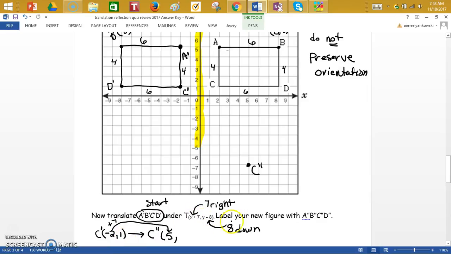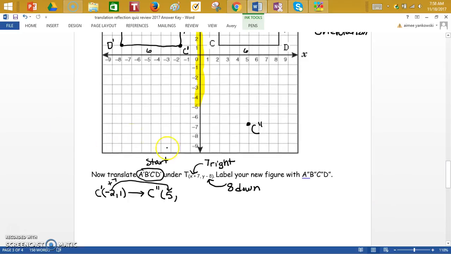And then we'd have to subtract 8 from the y. If you're moving down, you're subtracting. So you go to your y coordinate and subtract 8 from it. 1 - 8 is -7. Just a nice little check for yourself. So you're 5 to the right, 7 down, 5, -7. Good.